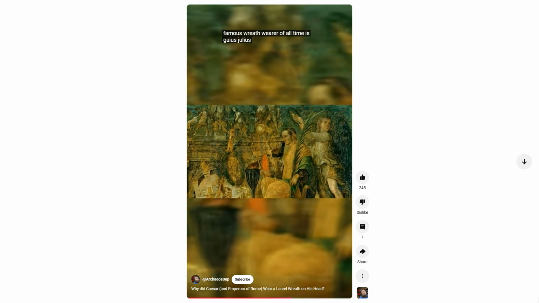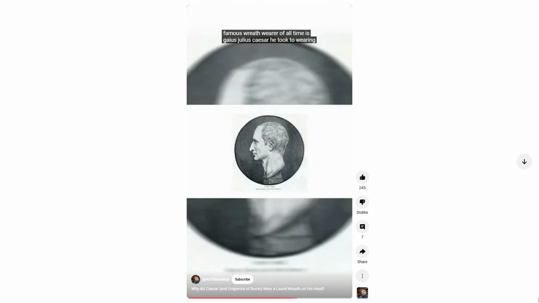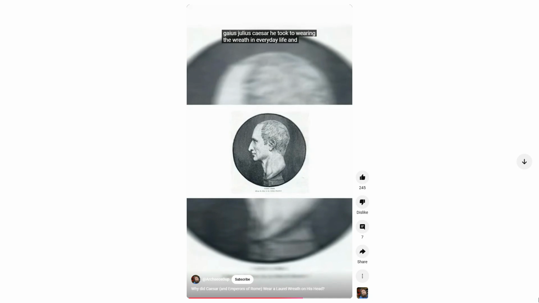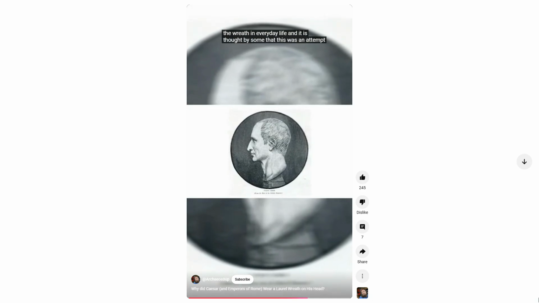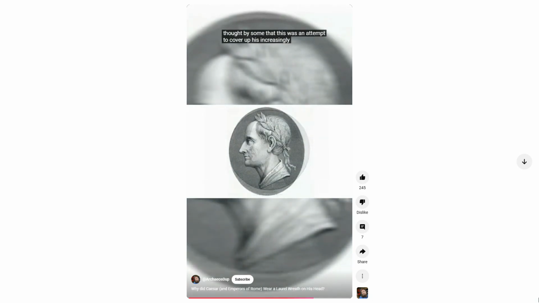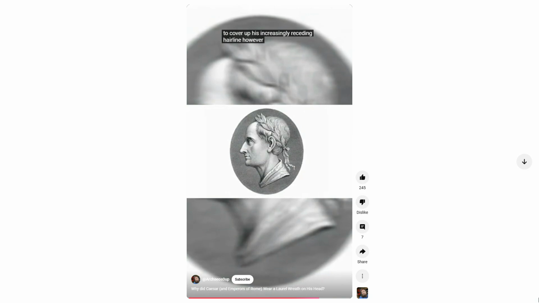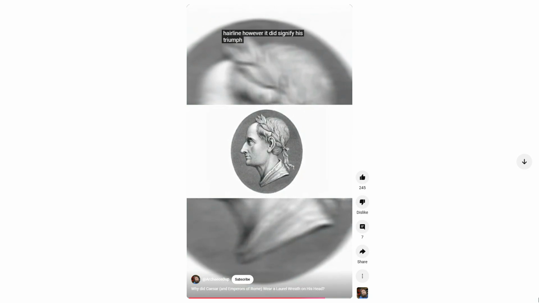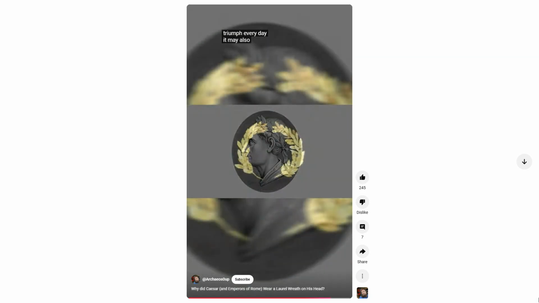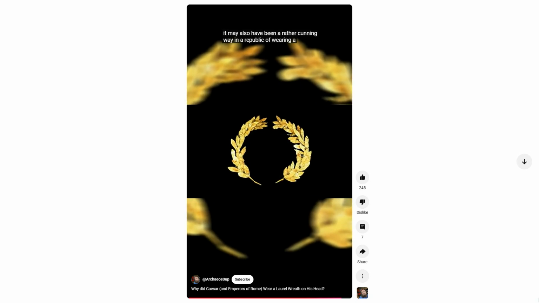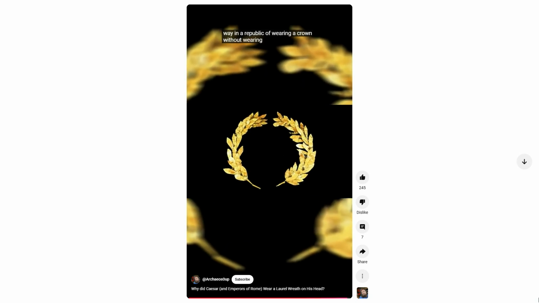Long before Rome was a marbled city, probably the most famous wreath wearer of all time is Gaius Julius Caesar. He took to wearing the wreath in everyday life, and it is thought by some that this was an attempt to cover up his increasingly receding hairline. However, it did signify his triumph every day. It may also have been a rather cunning way in a republic of wearing a crown without wearing a crown.